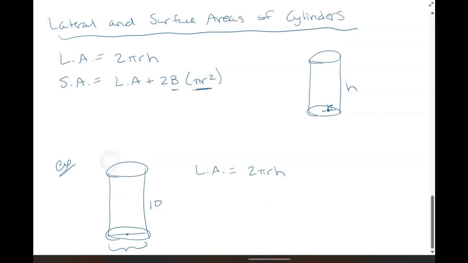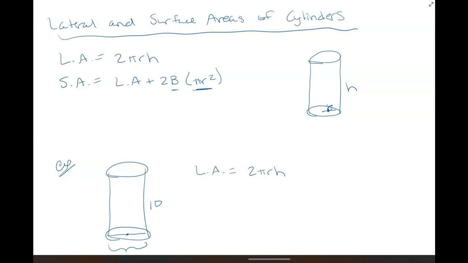The other type of shape that we're going to find the lateral and surface areas for is a cylinder in this section. And again, we're going to have the lateral area and the surface area. These are actually a little bit simpler because in a cylinder, the bases are always the same, right? They're always this circle.